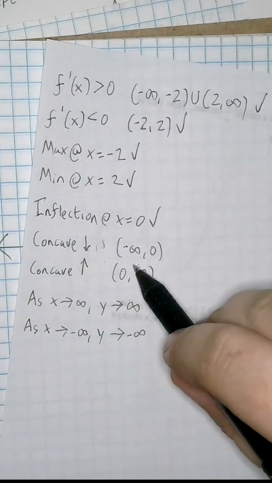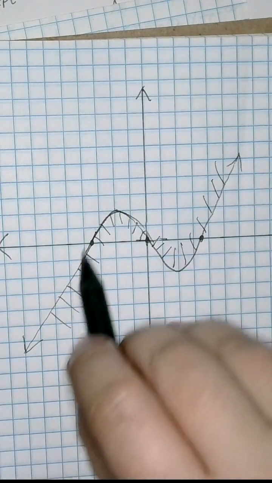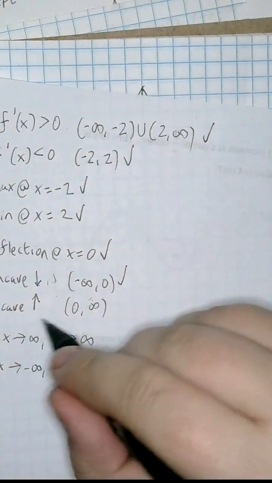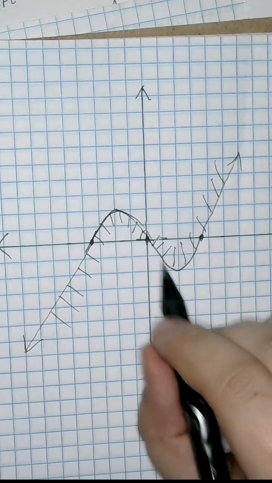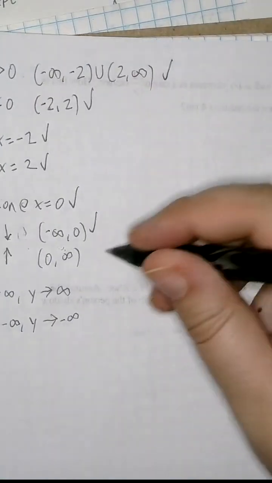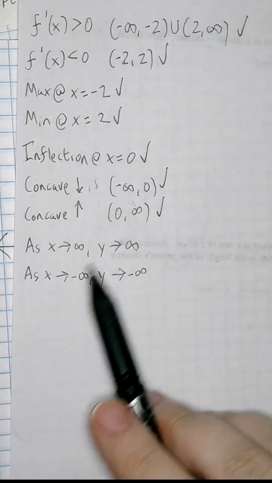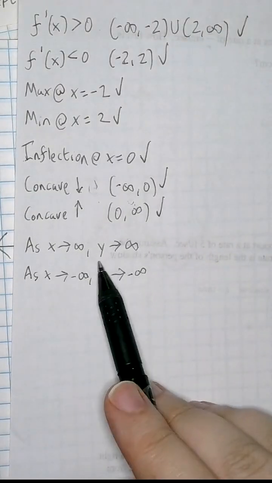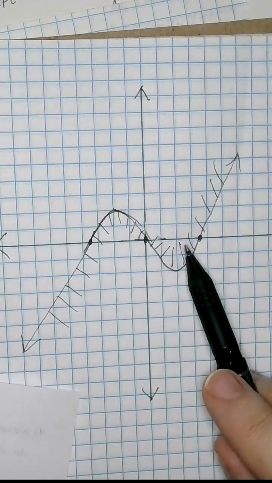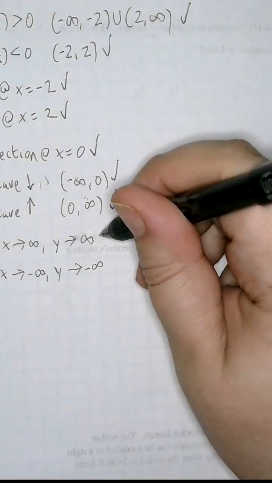It's concave down from negative infinity to 0. Looks like that's the case. Check. Concave up from 0 to infinity. Looks like we have that. Check. And finally, as x approaches infinity, y also approaches infinity. That seems to be true. So we will check.